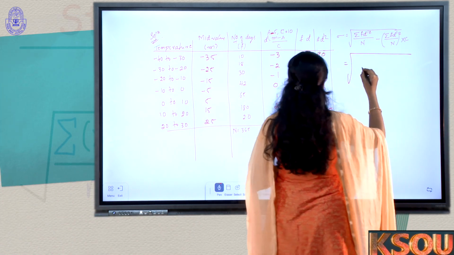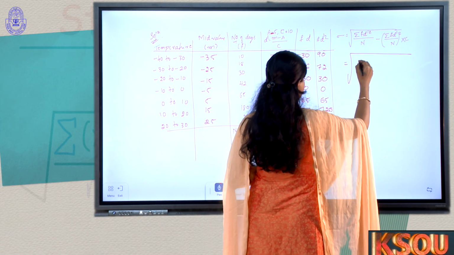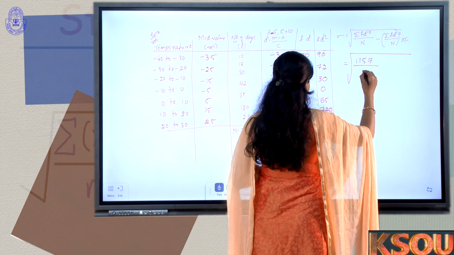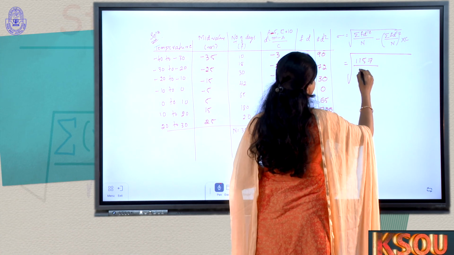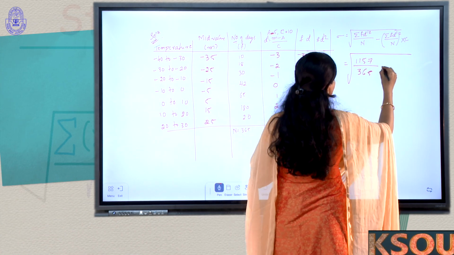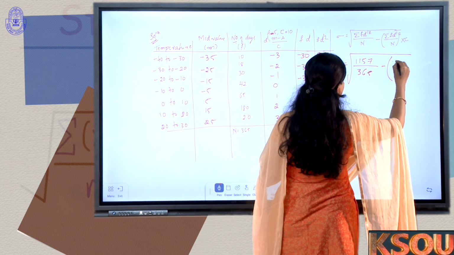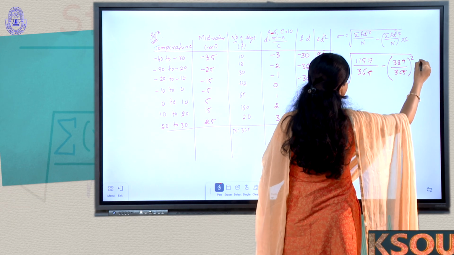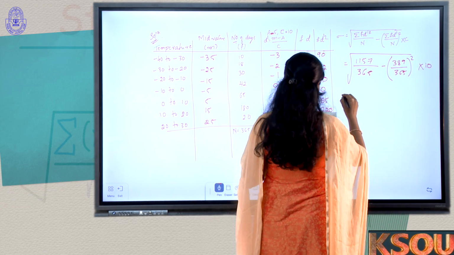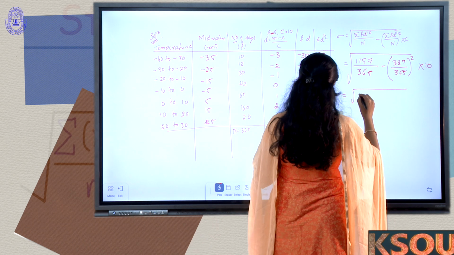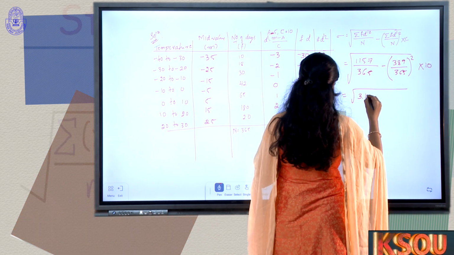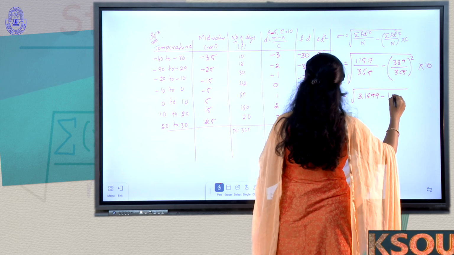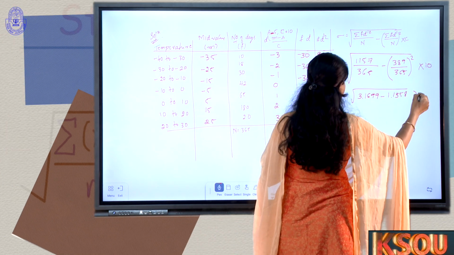Now you can take these values in order to calculate the standard deviation. 1157 divided by n value, that is 365, minus (389 by 365) whole square, into 10. We will get 3.1699 minus 1.1358, into 10.